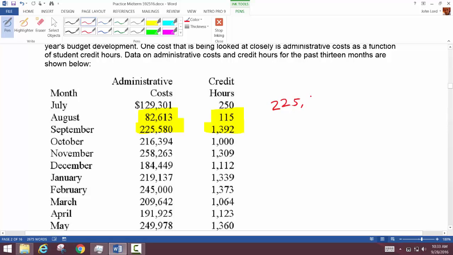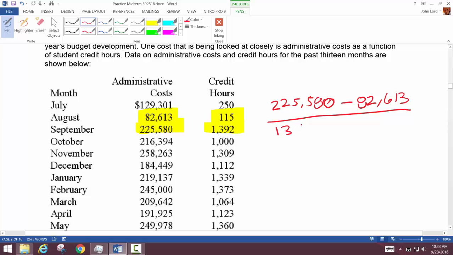So we're going to take the 22,580, which is the high level of cost, minus the 82,613, which is our low cost at our low level of activity, right?